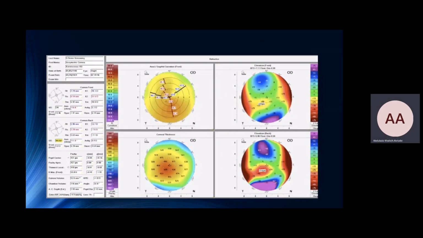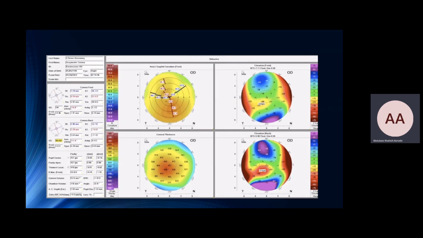Who can take this case? Okay, both of the patients. I have to confirm the patient's name, the ID number, and I look at the quality specification. It looks okay. Then the Q value is about minus 0.46, which is within normal. Then I look at K1, K2, Kmax. K1 is 46.